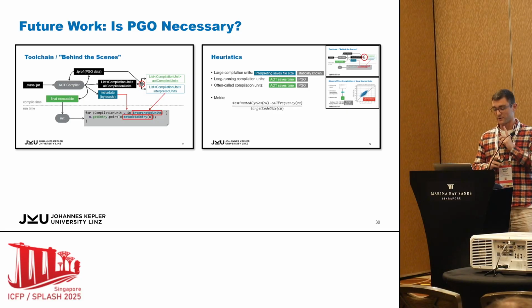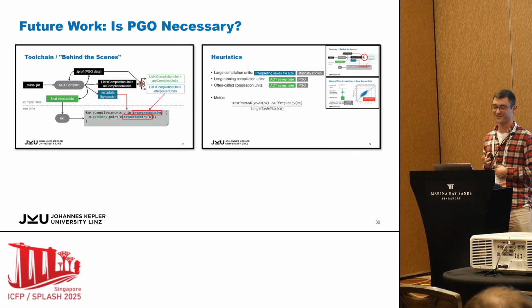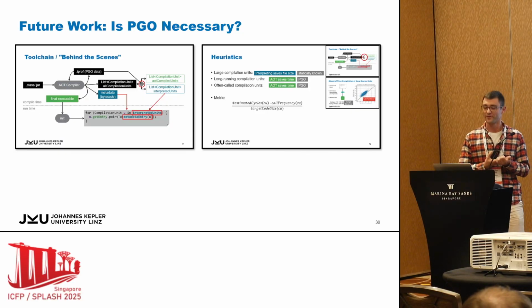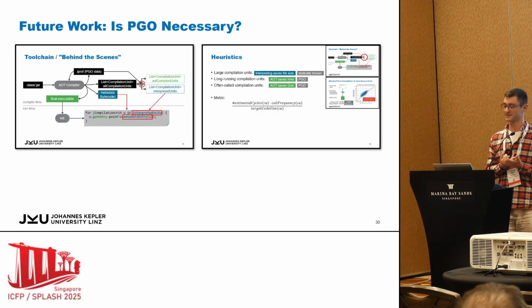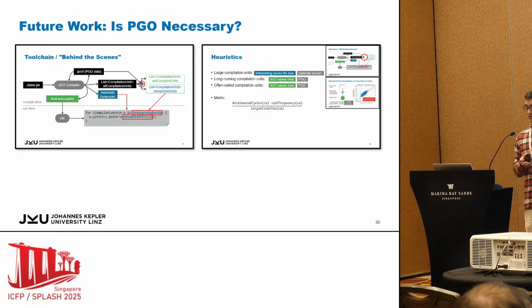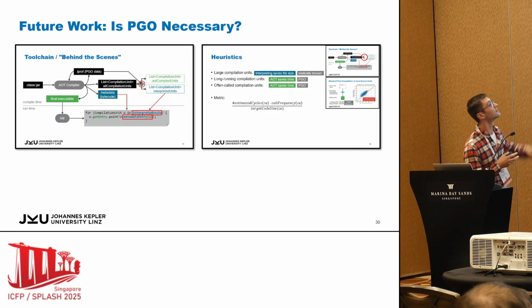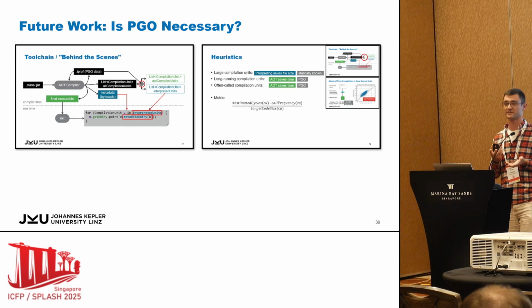What I would also like to mention is that my approach is not finished yet. One of the most interesting things concerning research, in my opinion, is how important profiling data is. In the current approach, it's easy to know how large the compilation units are because this is known at compile time.